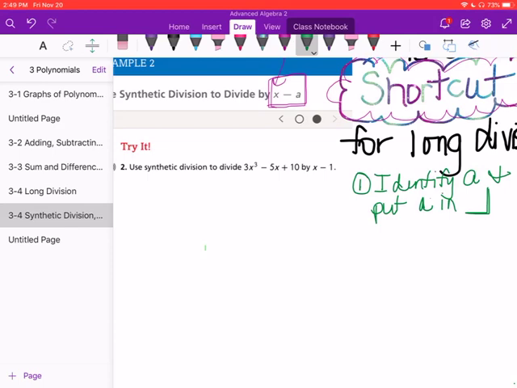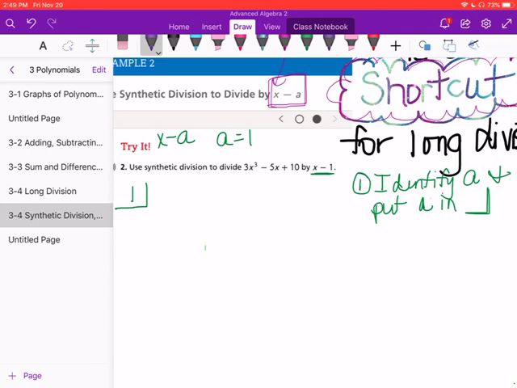So you're going to need to draw a box. If I'm dividing by x minus a, and the x minus a is right here, then my a would be positive 1. So x minus 1. I'm going to put 1 in this little, looks like a backwards division box.